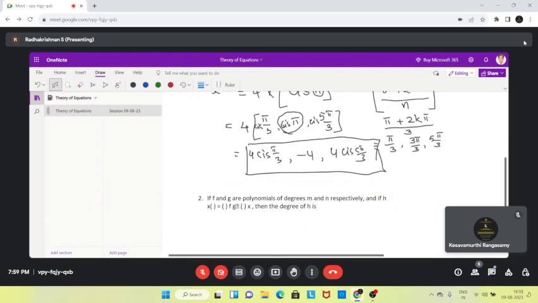I'll check the problem. H of x equal to, sir, that is f dot g, sir. Yeah, f of g. Okay, that is f of g. So this is h of x equal to f of g of x.